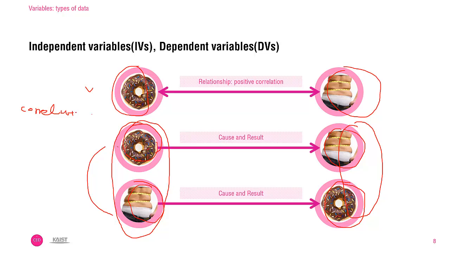So the hypothesis in the second case is like if you eat too much donut, then you will gain the weight. And the hypothesis of the third case is when you gain weight, then you have more appetite or you would like to eat more donuts as a consequence.